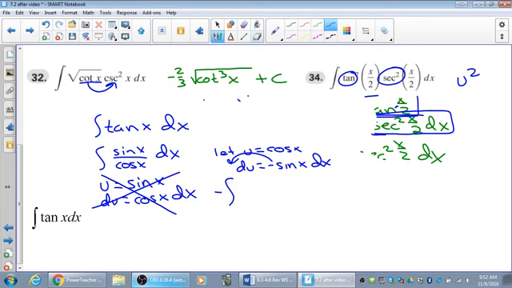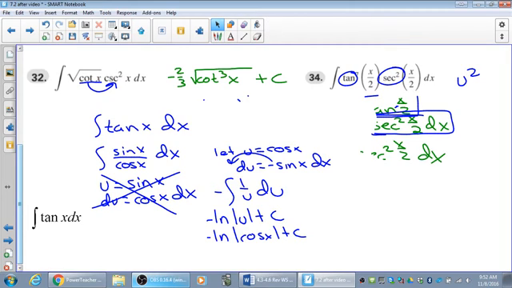Negative integral of 1 over u du, because cosine becomes the u, and sine of x dx becomes negative du. So this is negative natural log of the absolute value of u plus c. And then we just have to replace the u. So negative natural log of absolute value of cosine x plus c.